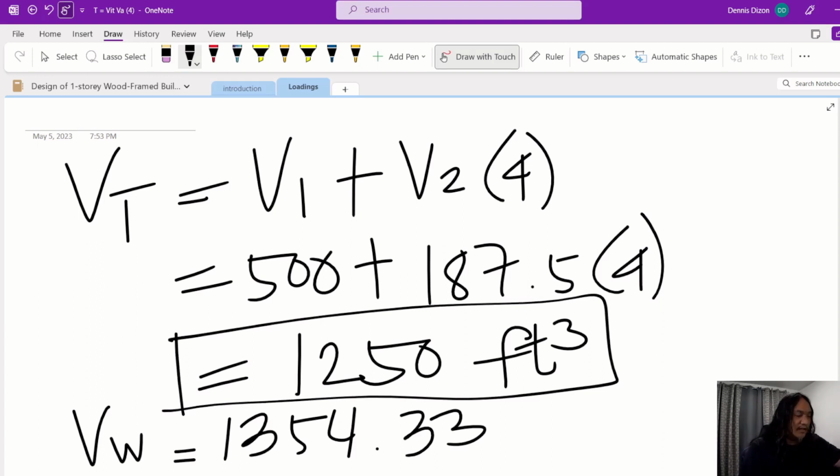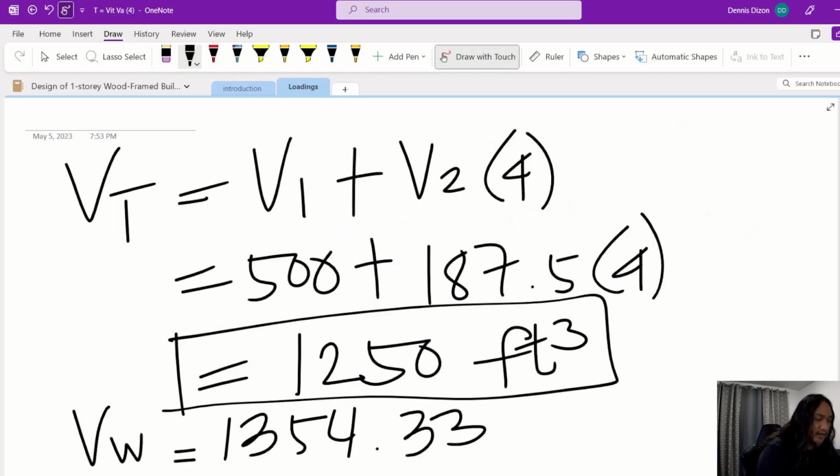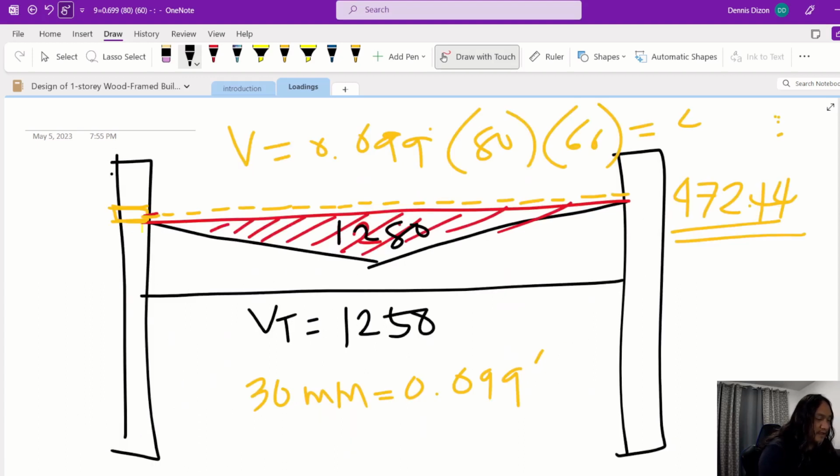Then you add that with the volume for the extra height, which is 30 millimeter for the surface tension. So the total volume is, was that 150? Yeah, 150 plus 472.44.